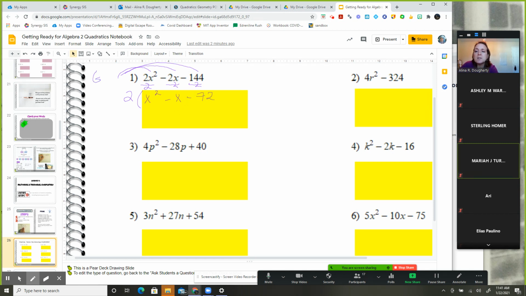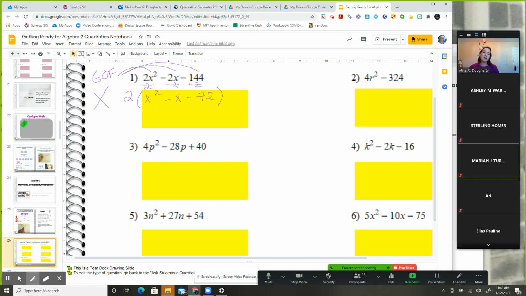So the first step was the greatest common factor. The next step is going to be to do your X puzzle. You write it with the 2 outside. It's almost like reverse distribution. If I was distributing, I'd multiply the 2 by everything and rewrite it. This time it's like a vacuum cleaner sucking the 2 out.